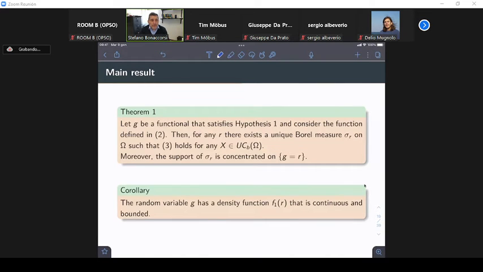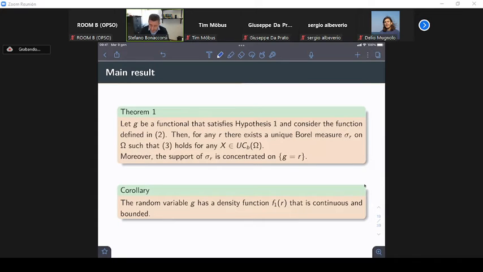And under this assumption, we are able to prove the existence of this surface measure sigma r, such that the formula 3 holds.